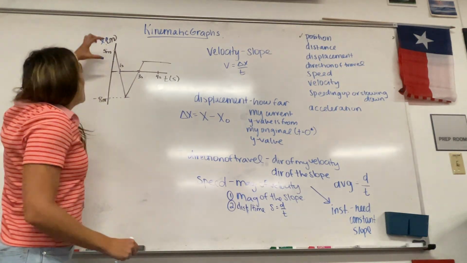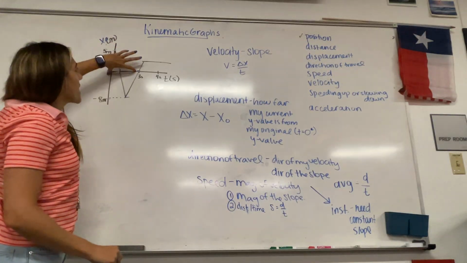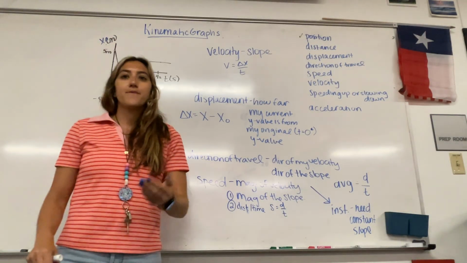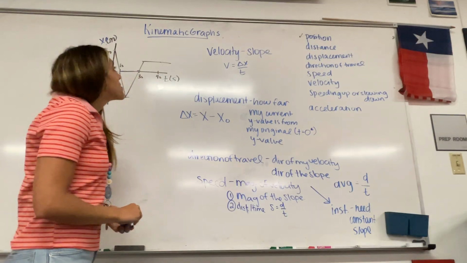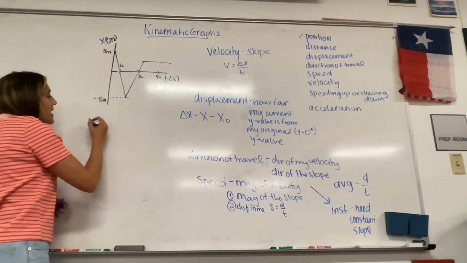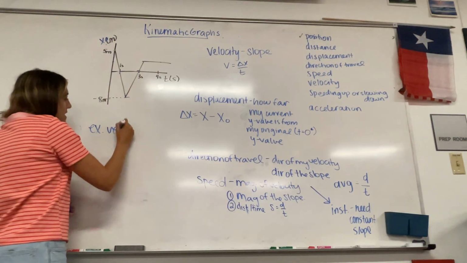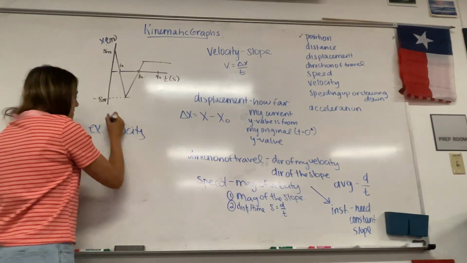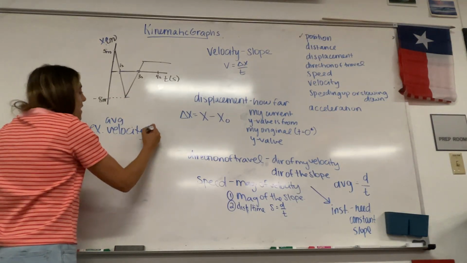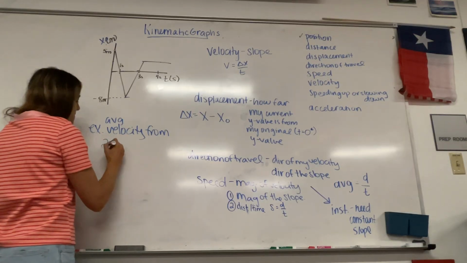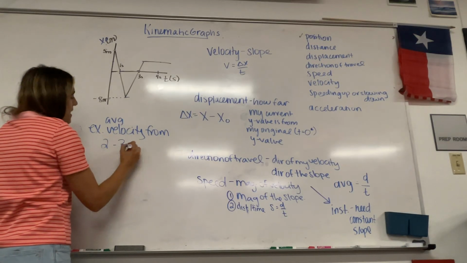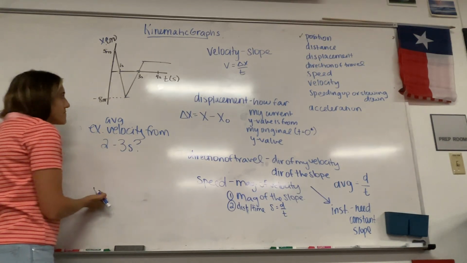So that would be a change in y over a change in x. So slope is velocity. So if I want to do the whole thing, right? Example, velocity, average, from 2 to 3 seconds, let's say, right?